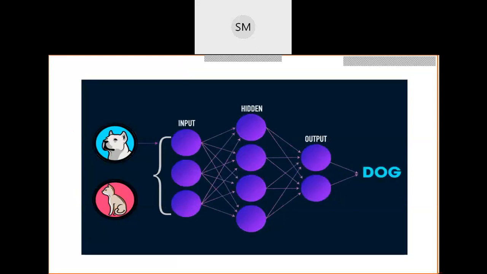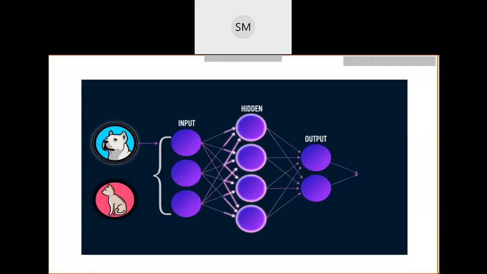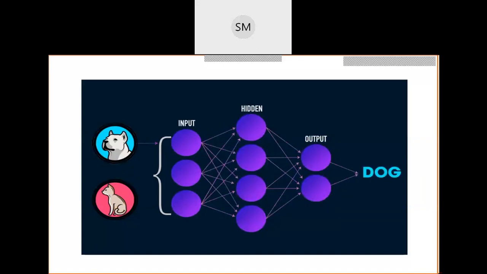The input layer takes some inputs, and that input may be any image, any voice, any audio, or any text. It may be anything. Once we give this input to the input layer units, the input will be taken by this input layer, and it will produce some output, which in turn is input to the hidden layer, and that hidden layer produces some output which in turn is input to the next output layer.